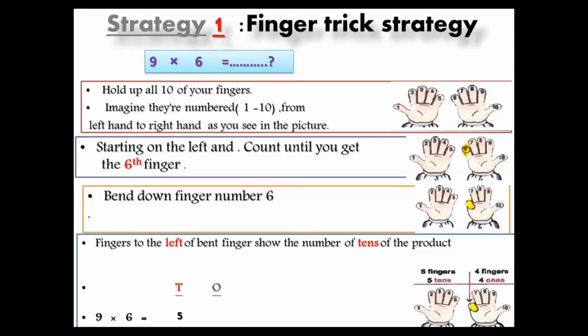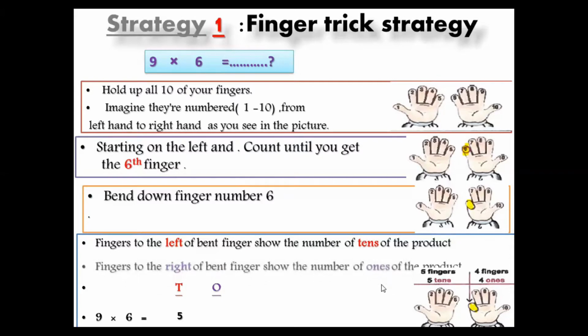And then to get the number that we write in the ones of the product, we count the fingers that come after the sixth finger. How many fingers are there after the sixth finger? Let's count: 1, 2, 3, 4.